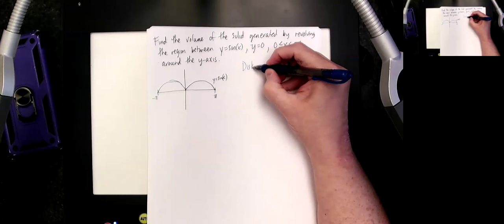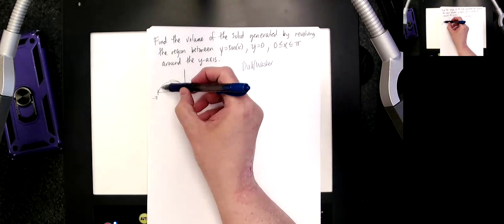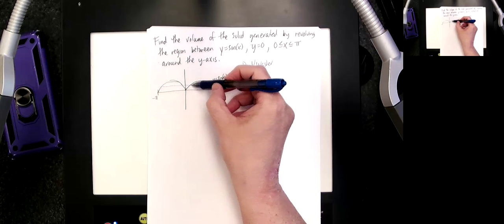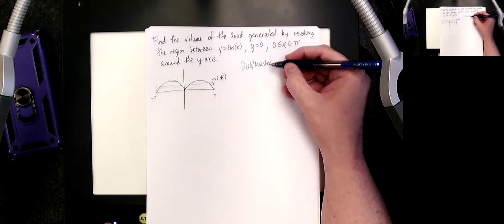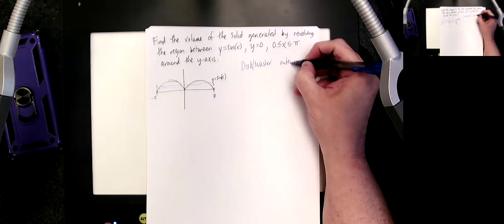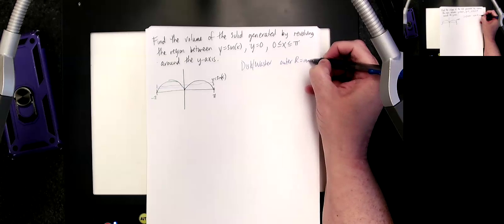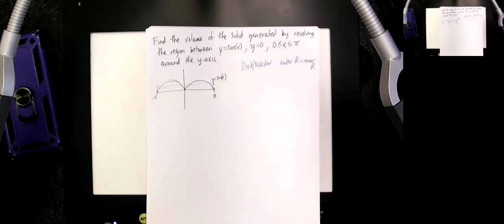Disk washer is going to do something like this. So we're going to have an outer radius minus an inner radius. And outer R is inner R, so this isn't going to work. Disk washer won't work. So let's do cylindrical shells.